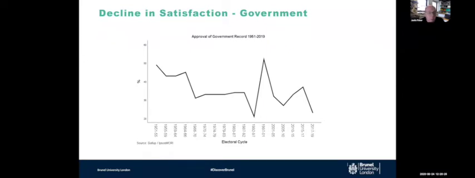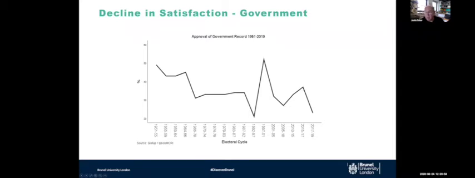His government was more popular, as you can see on the graph, than the 1951 to 55 government. But when you're that popular, the only way is down. And by 2005, during which, of course, there were some decisions which proved to be unpopular with some parts of the population, such as the introduction of additional student fees and of course the Iraq War, we see that popularity falls. That's the end of the Gordon Brown period in 2010.